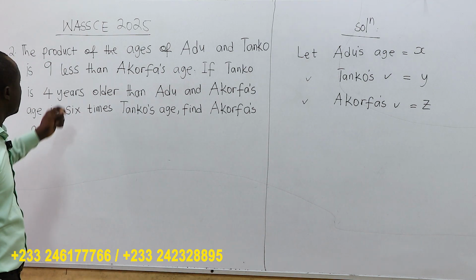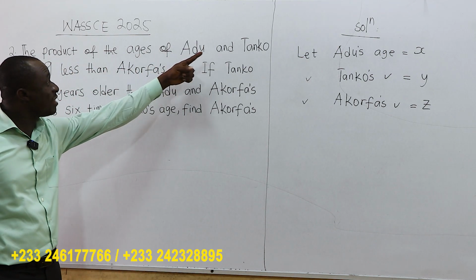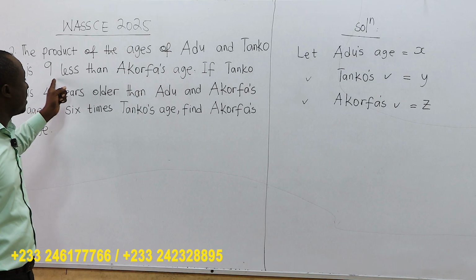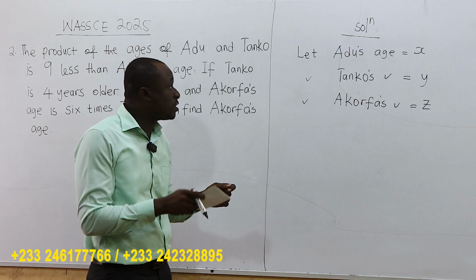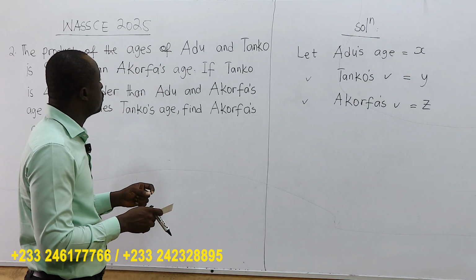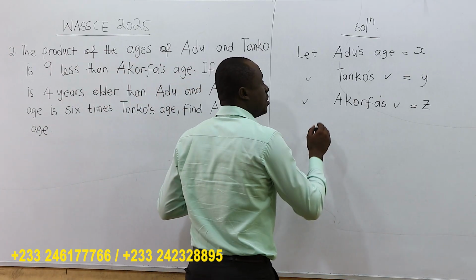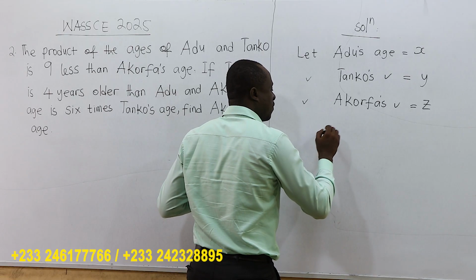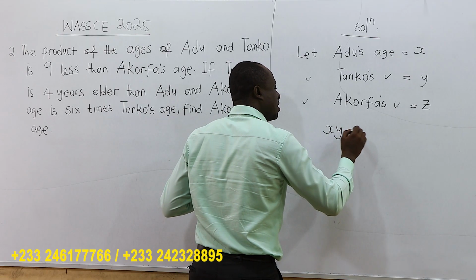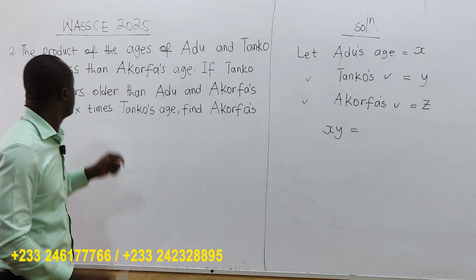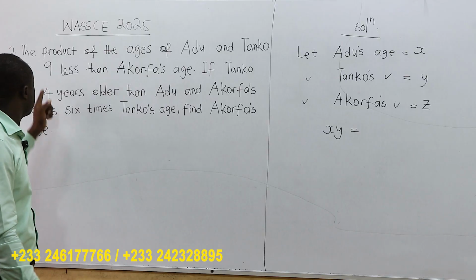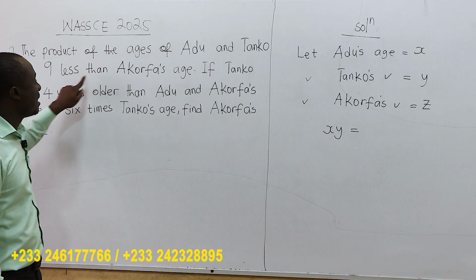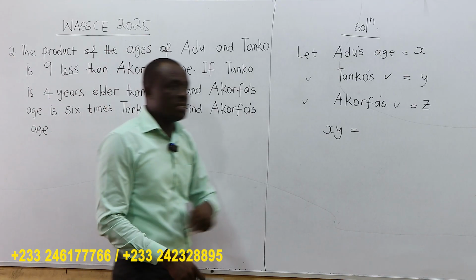Now we are being told that the product of the ages of Edu and Tanko is 9 less than Akofe's age. So we multiply the ages of Edu and Tanko, so we have XY, that is equal to 9 less than Akofe's age.